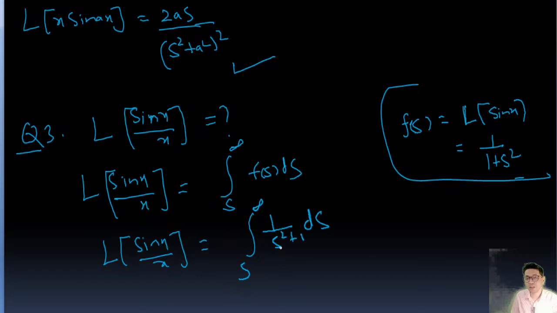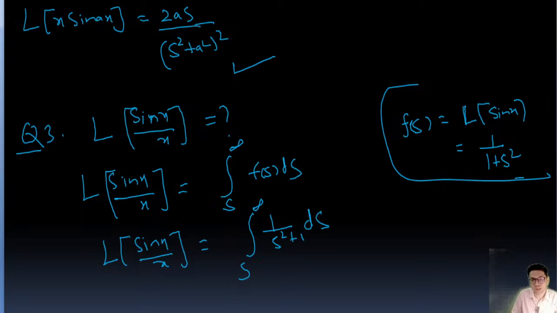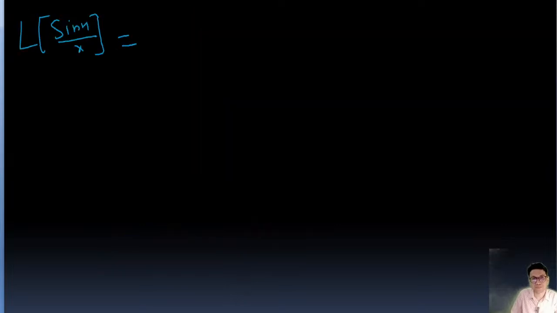So similarly 1 upon s square plus 1 ds is going to be tan inverse s, right? So this value is going to be Laplace transform of sin x upon x, this value is going to be tan inverse s with limits s to infinity.